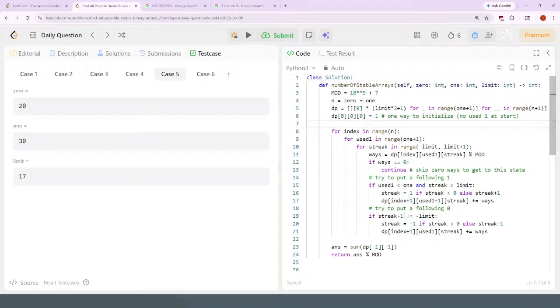And then otherwise try putting 0, which should always be fine if the streak hasn't reached a negative limit.